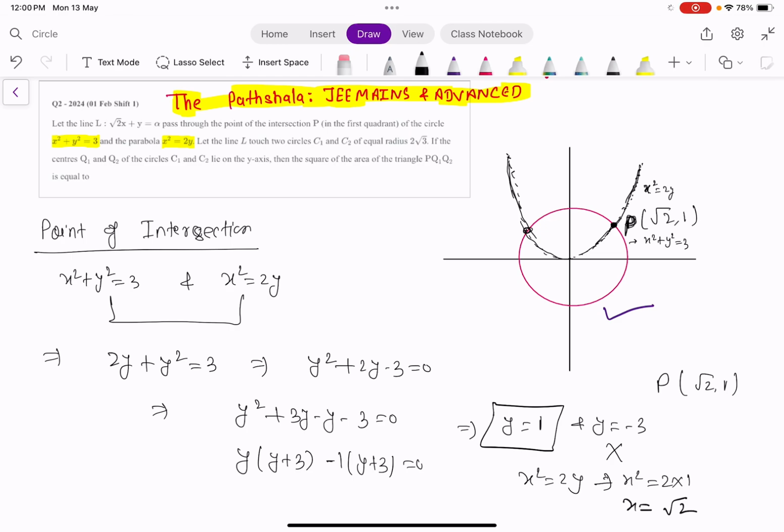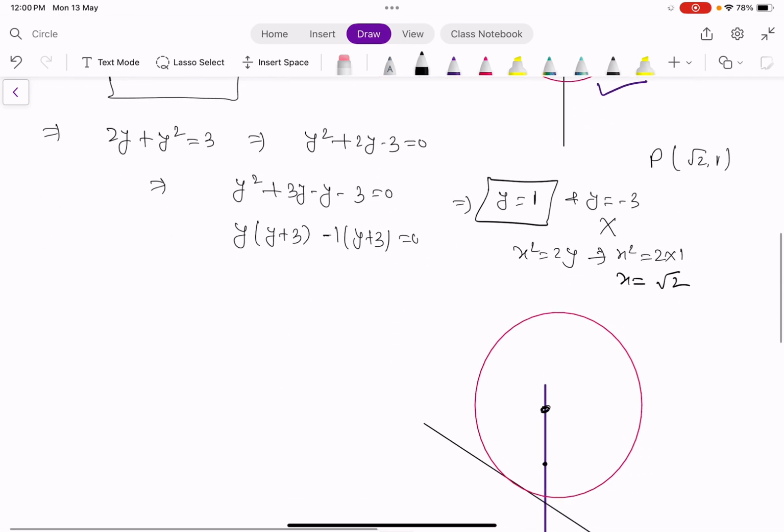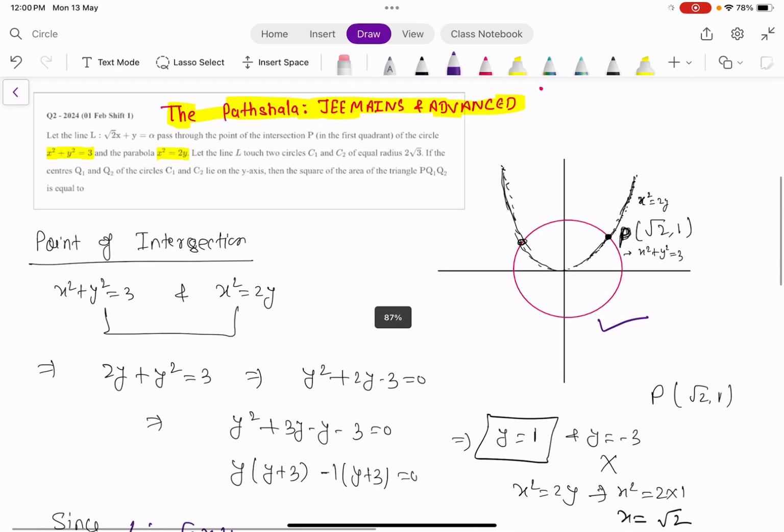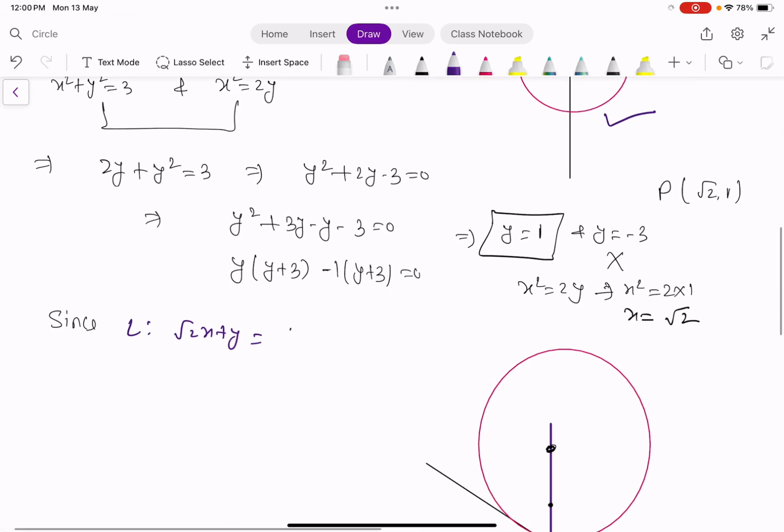Now they are saying that there is a line passing through this point. So since line L, that is root 2x plus y equal to alpha, passes through P point, that is root 2 comma 1, it will satisfy.